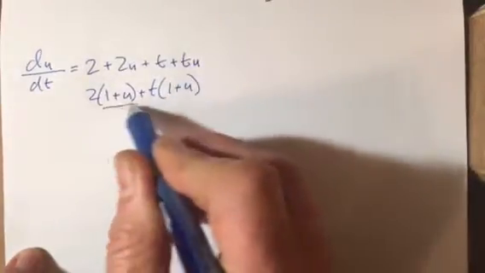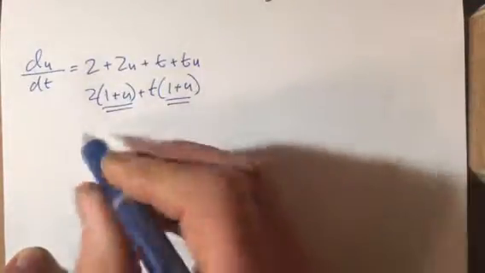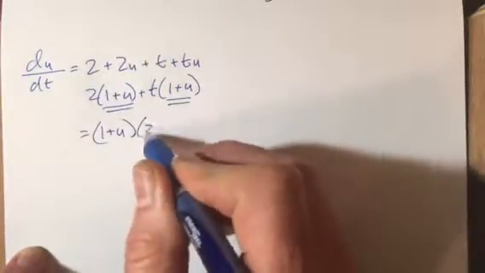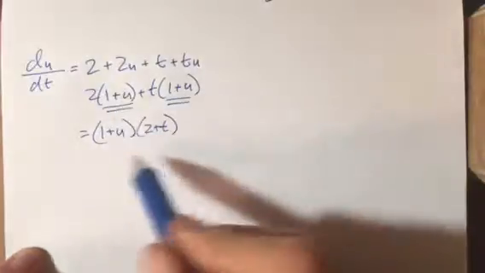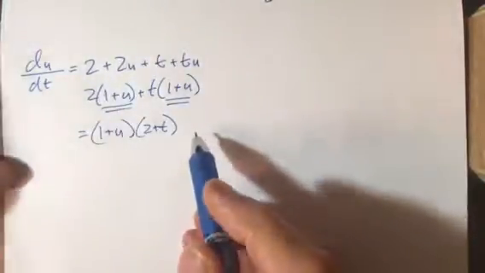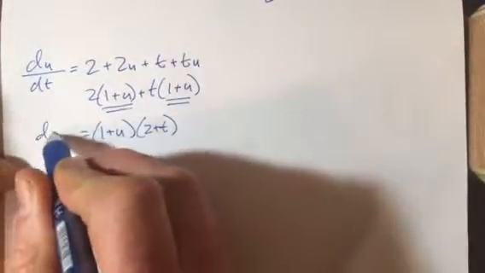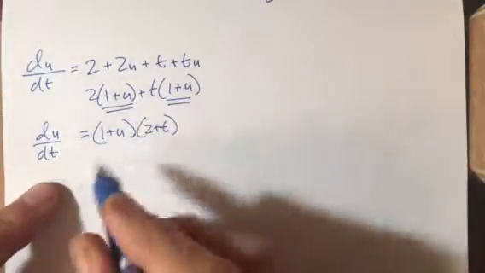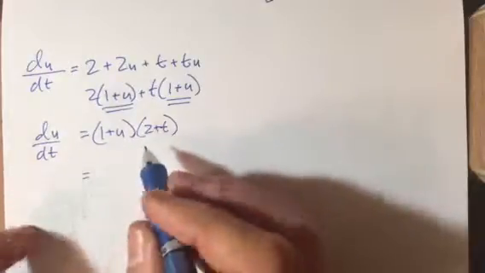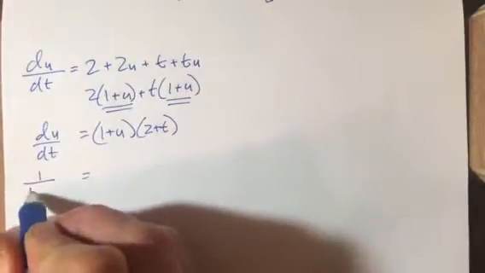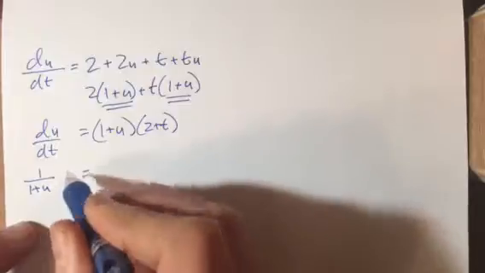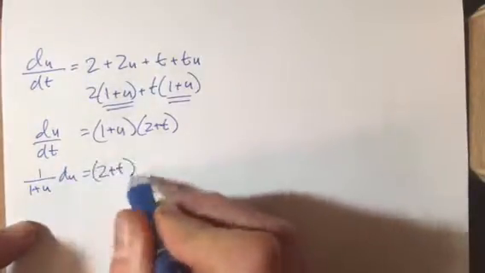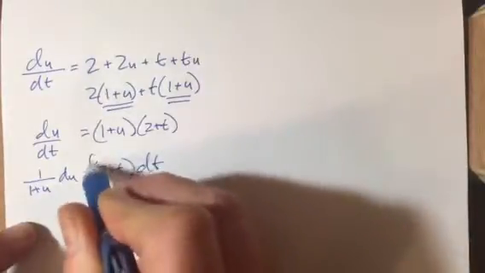Well, now I've got identical things that I can factor out. So this just becomes 1 plus u times 2 plus t. And sure enough, if I'd foiled that out, I would have gotten that up there. So if I say, well, that's du dt, then I can simply multiply both sides by dt and get rid of the u, and say 1 over 1 plus u du is equal to 2 plus t dt, and then I integrate both sides.